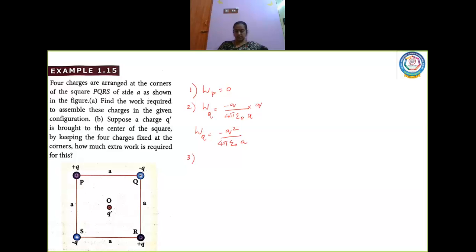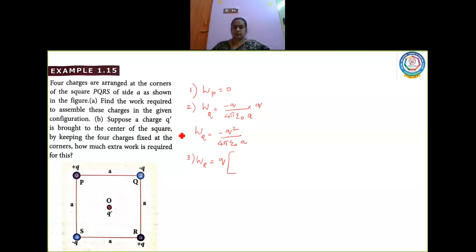So what is the work done at R now? Work done at R is, what is the charge I am bringing there? The charge I am bringing there is plus q into the potential due to the other two charges P and Q, right? So what is the potential due to minus q?